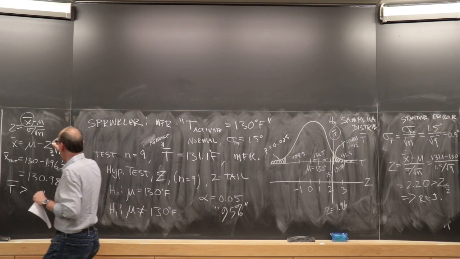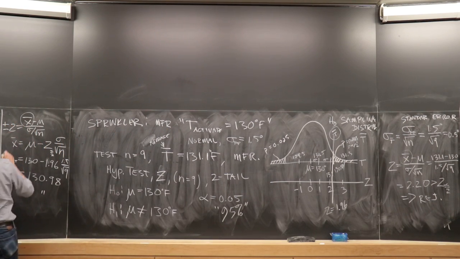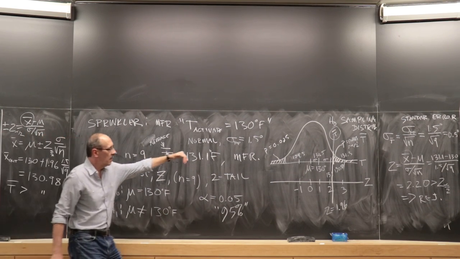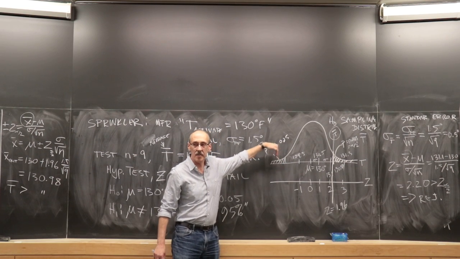So I should actually write this as plus and minus z alpha over 2. And then this is plus and minus, but I only care about this one, and therefore I get the upper limit. If I put in a minus sign here, I'd get the reflection on the other side of the beam.